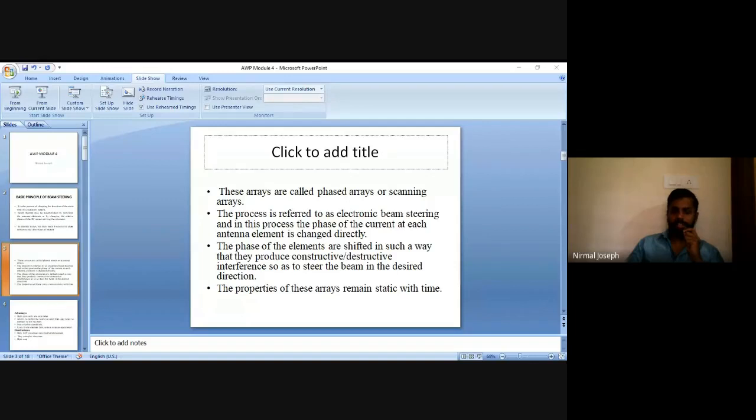It is the same signal, same frequency, but we are just changing the phases of each element using simple phase shifters. So constructive and destructive interference will take place, and in the direction where the interference is constructive, the directivity will be maximum. It is as simple as that.